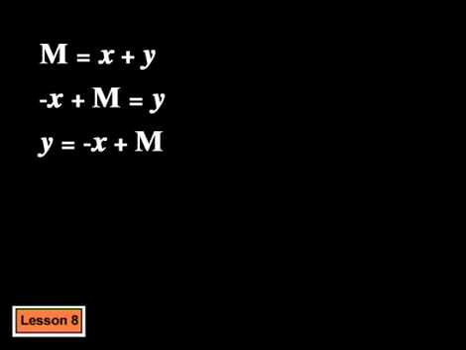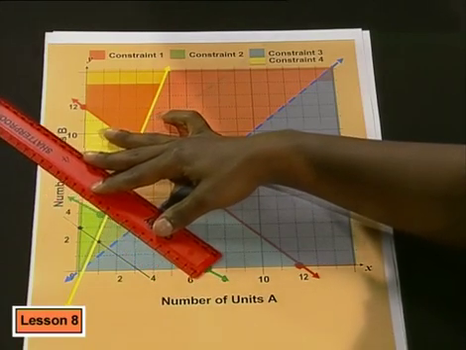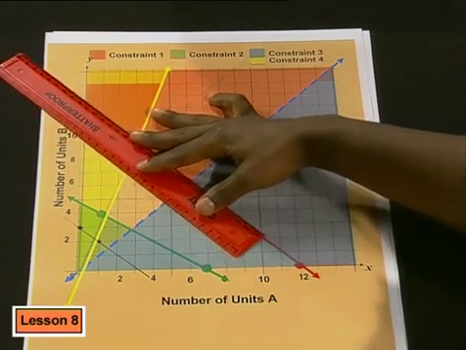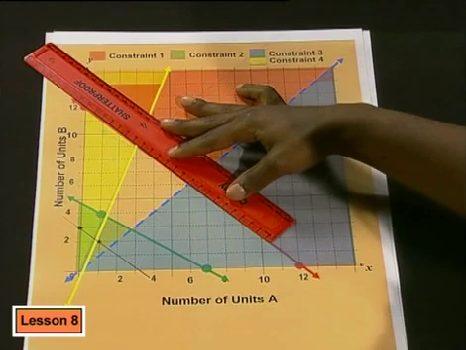This is the value that we must maximize. We can use the y-intercept to show us when the value of m is largest, but still make sure that the search line passes through possible solutions in the feasible region. Now I'm going to move the ruler, always keeping it parallel to the search line and looking for the place on the graph where this line passes through the feasible region and gives the largest value for the y-intercept.